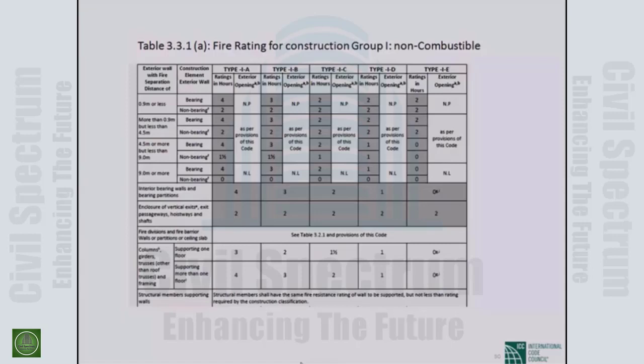And previously, you can memorize that if it is a Type 1A building, there is no height limit. You can make a building as high as you wish. If you wish to make a high-rise building, which as per the BNBC definition is 33 meters high, you have to make it Type 1A or Type 2B.